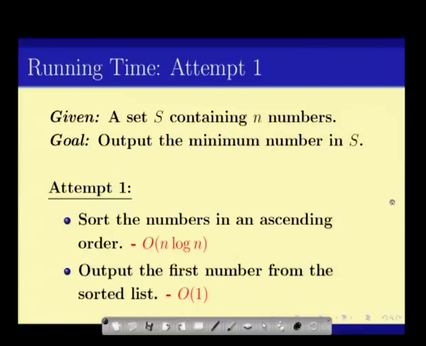So, in total this attempt will take order n log n. Now, can we obtain this in order n steps or something? Let us see. So, this brings us to the divide and conquer approach.